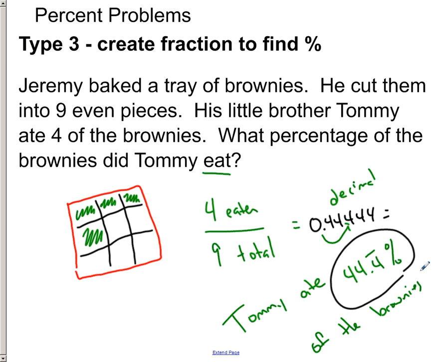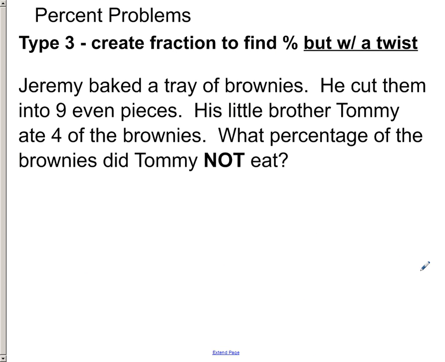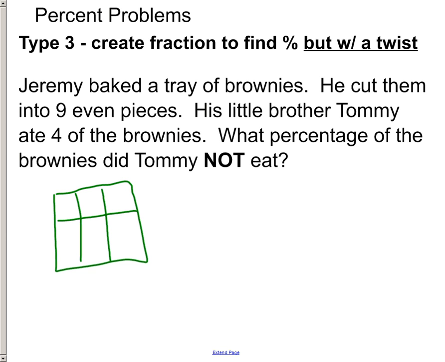Okay? And let's do one last question here. This one's still a type 3. You know, it's create a fraction or a percent, but it's got a slight twist. What percentage of the brownies did Tommy not eat? So here's the square. And this time we're talking about how many were not eaten.